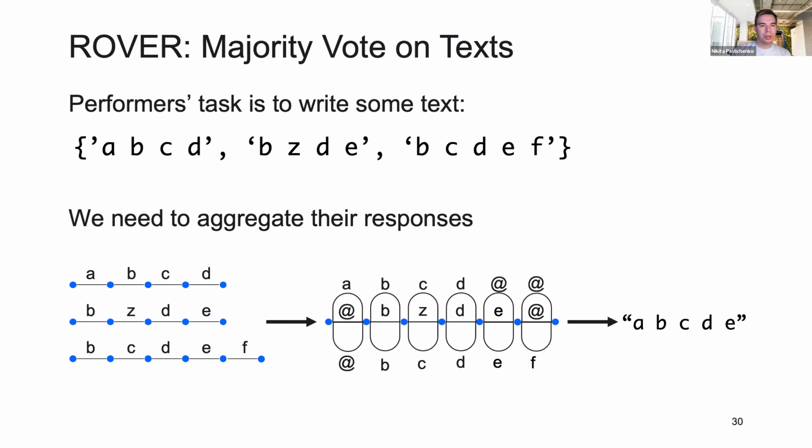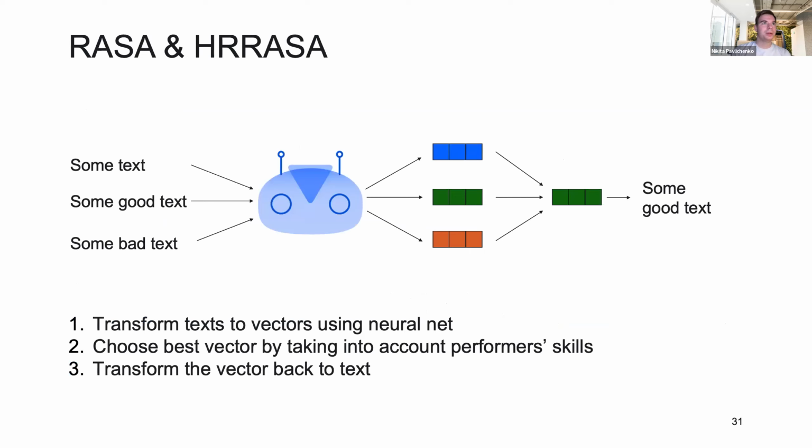And the last method we will cover today is RASA and HRRASA. They are methods that make use of deep learning. Firstly, they take the texts provided by performers, pass them through a neural network, and get a vector representation for each text.